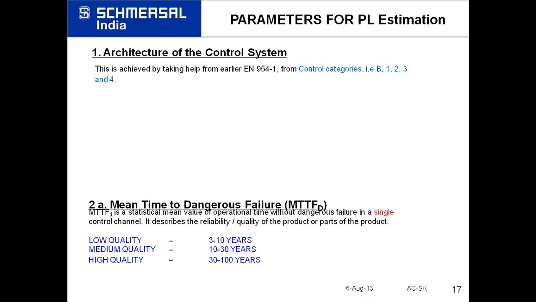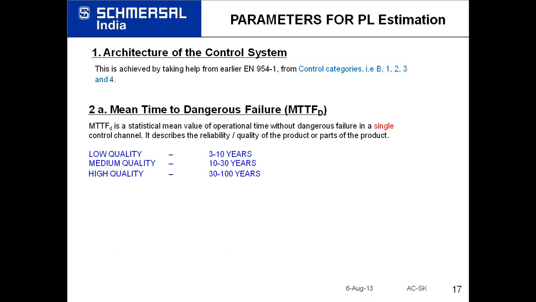And then the second parameter is mean time to dangerous failure, that is MTTFD. Okay. Now, if you go through the standards, they have given some parameters like low quality, medium quality, high quality. Just don't misunderstand this quality with the quality of the product.